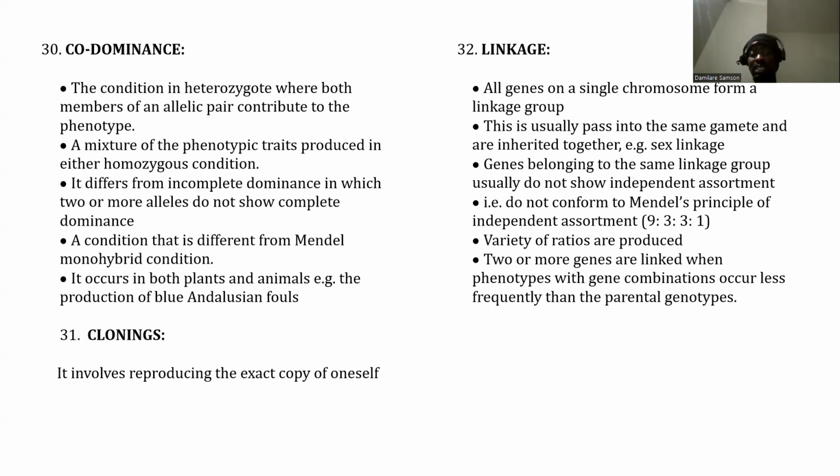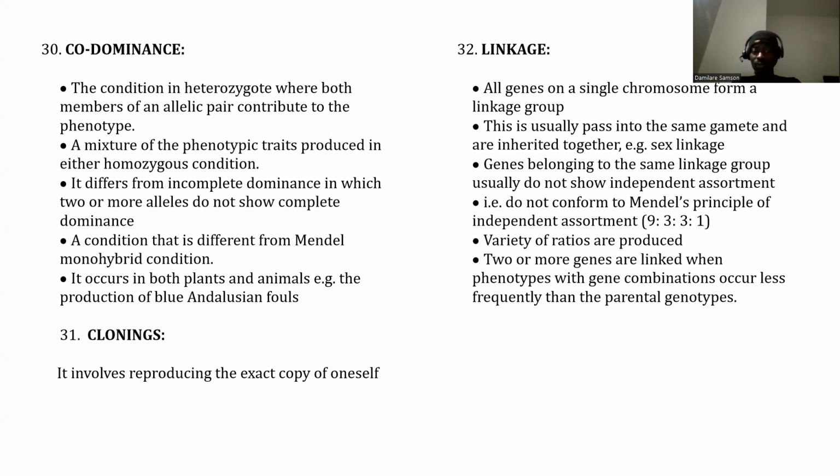Let me just put it this way, codominance. It means there's a dominance, but this dominance is not fully controlled by one gene. It means the two of them participated. So the two genes or the two chromosomes involved both participated, not only one participating totally.